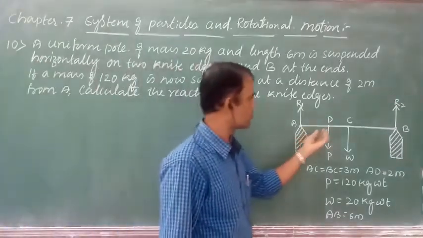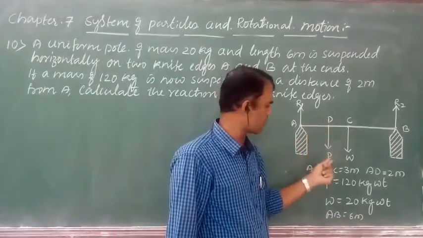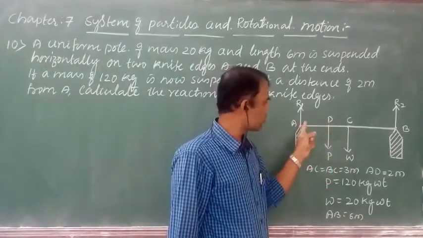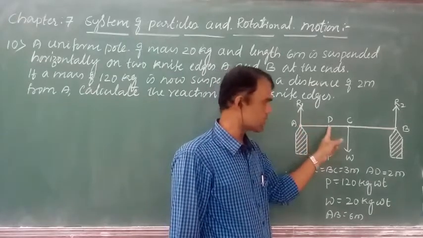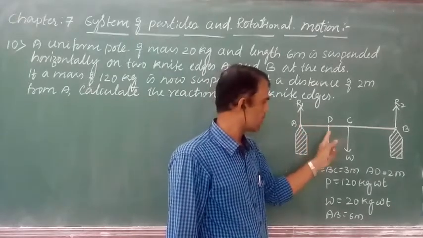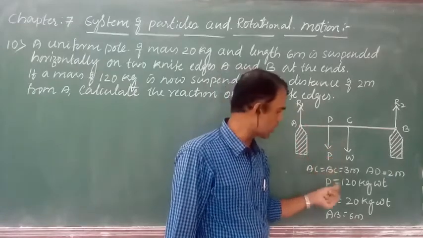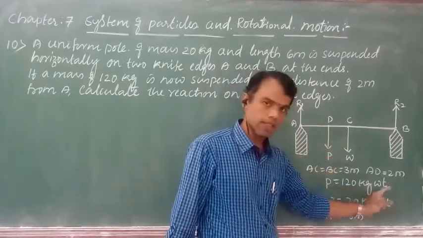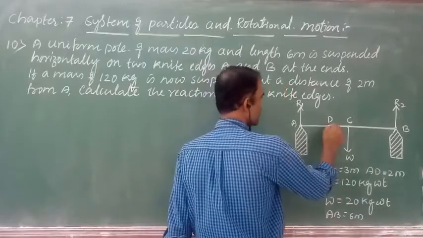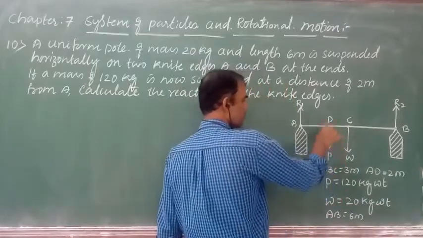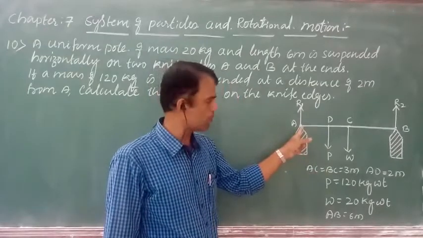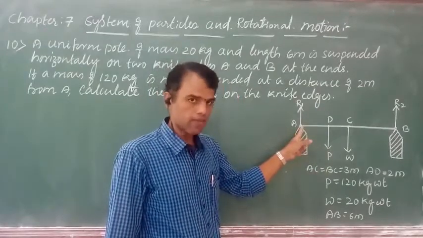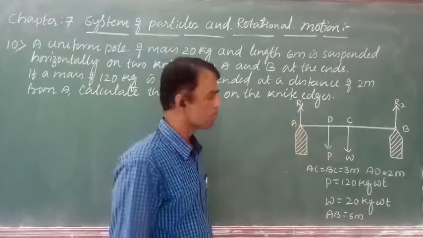Now a mass of 120 kg is suspended at a distance of 2 meters from end A. Say this is the point D. This is also a weight, so I have taken it as 120 kg weight, suspended at 2 meters from knife edge A, which is one end of the pole.